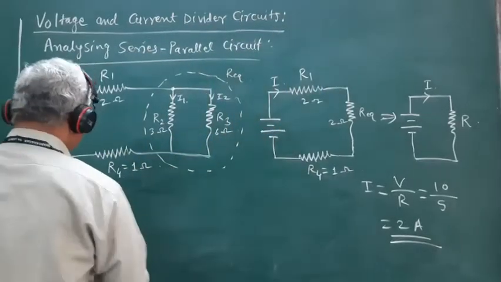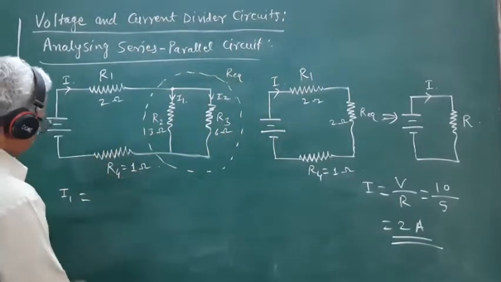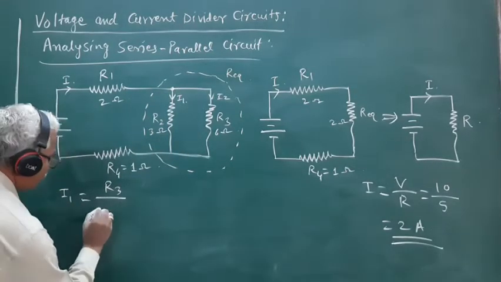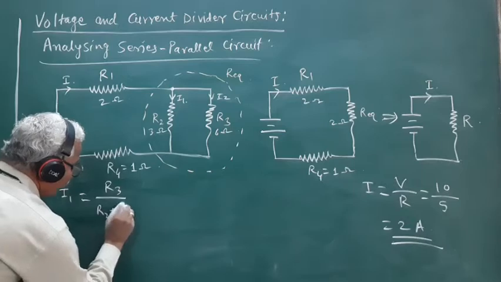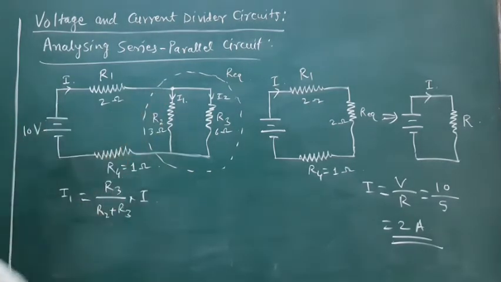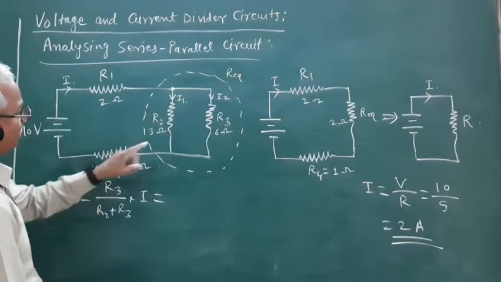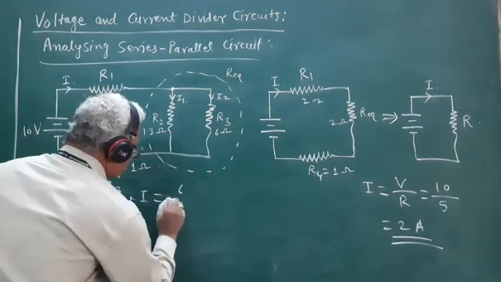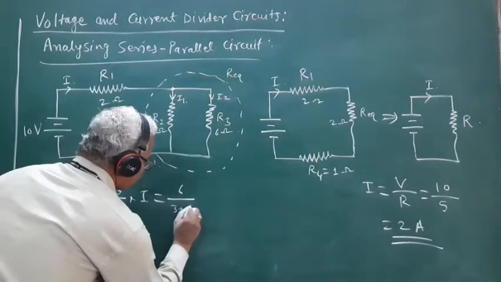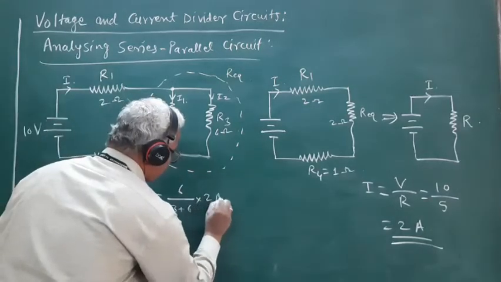So the current I1 flowing through the resistance R2 is equal to R3 upon R2 plus R3 multiplied by I, the total current from the source. So this is R3, 6 ohm, divided by 3 plus 6, into the total current I drawn, which is 2 ampere.